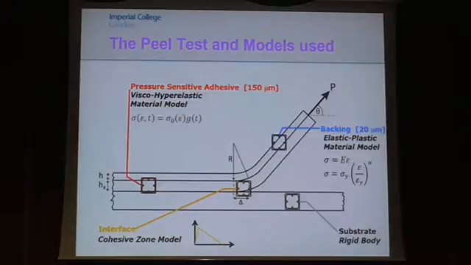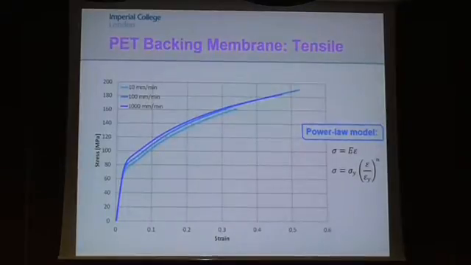So I've deconstructed the patch, like I said, into the backing, the pressure-sensitive adhesive, the interface, and the substrate. In the case of the substrate, which is the nail or the polyethylene, I'll be modeling it simply as a rigid body. So I'll start with the backing membrane.